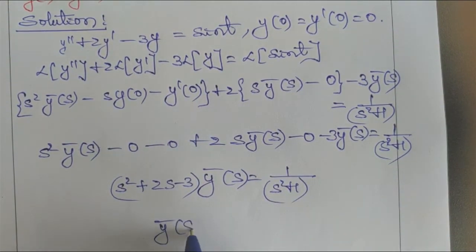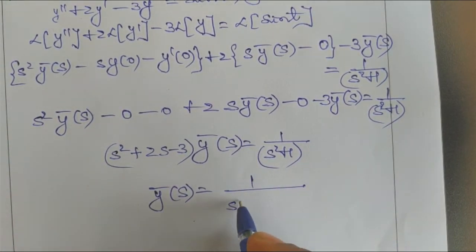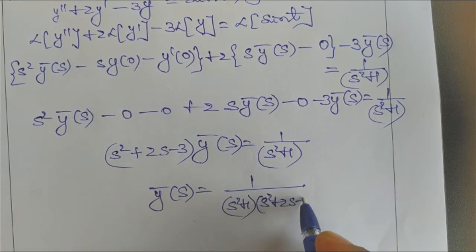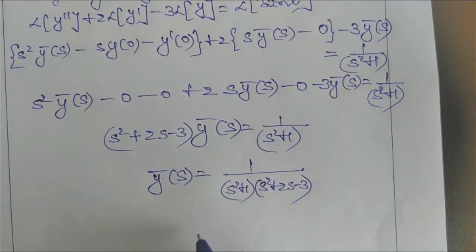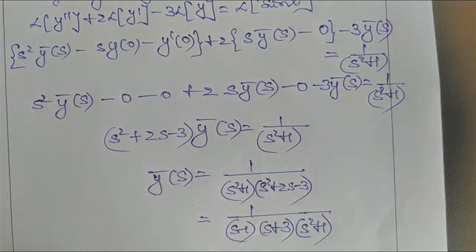So ȳ(s) is equal to 1 divided by (s² + 1)(s² + 2s − 3). By factorization, s² + 2s − 3 is (s − 1)(s + 3). This is ȳ(s).